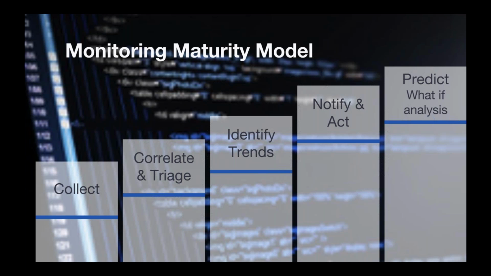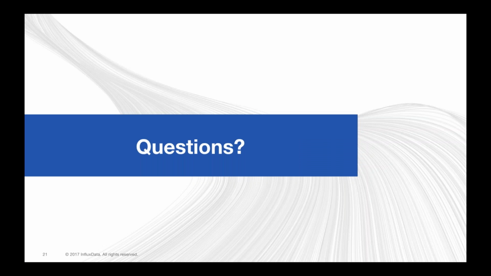How do I move from the first 2, collect and correlate and triage, firefighting, into some of the more DevOps Nirvana use cases where you're notifying and automating and predicting when things are going to go wrong for your system and your customers? And I think that wraps it up for our presentation.